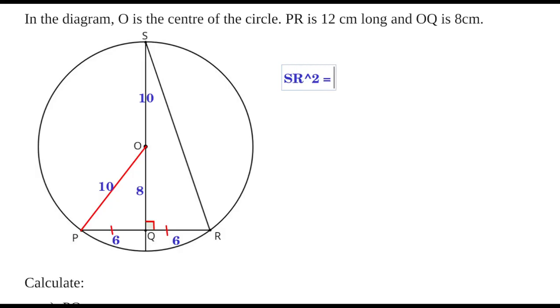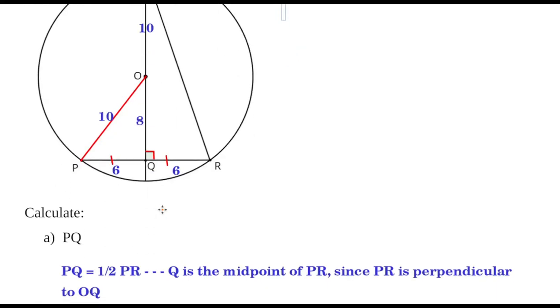This is equal to SQ squared plus QR squared. So your SR squared, this is unknown, is actually equal to SQ, which is 18, 10 plus 8, and QR 6.